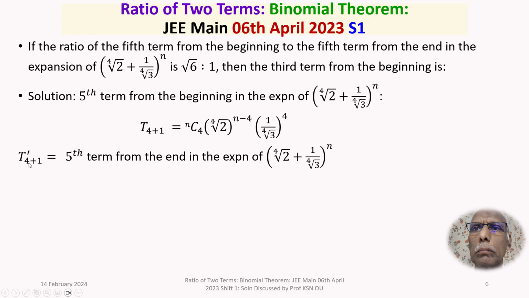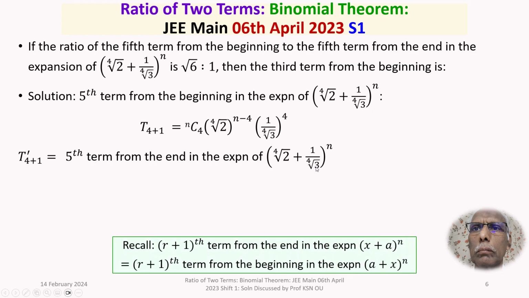Now, T prime 4 plus 1 is the fifth term from the end of the above expansion. Let's recall this result: the r plus 1th term from the end in the expansion x plus a to the power of n is equal to the r plus 1th term from the beginning in the expansion a plus x to the power of n.